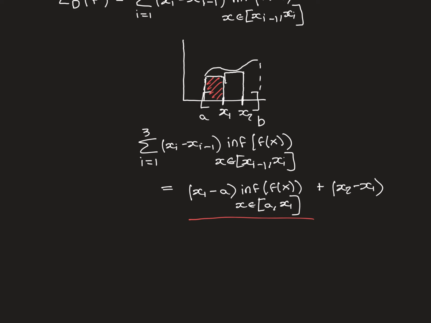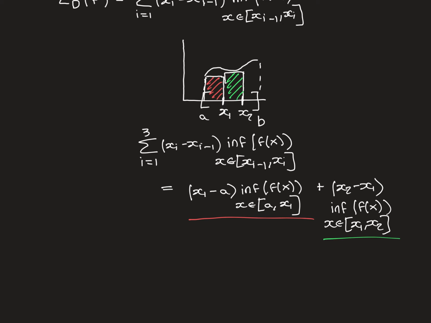So times that infimum for x an element of x1 to x2 of f of x, and that corresponds to that area, so we'll colour that in green there.